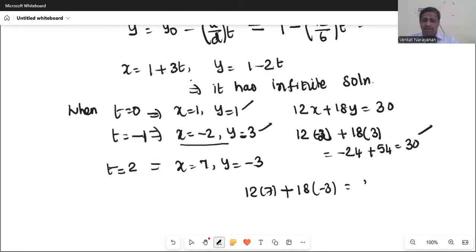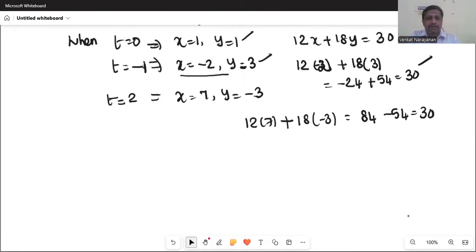So what is your answer? 84 minus 54, the answer is 30. So this is the reason we can say it has infinite solutions. Based upon the t values, we can get different x values and y values.